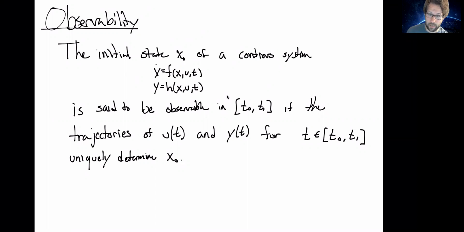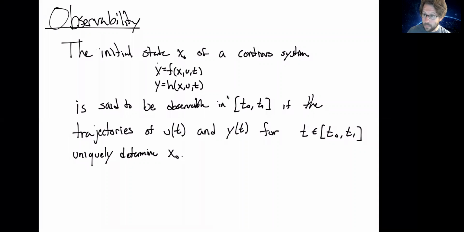So observability. I defined it before, but I'm just going to rehash it again. Essentially, observability is given a continuous time system, or just a system. We're considering continuous time systems in this class.